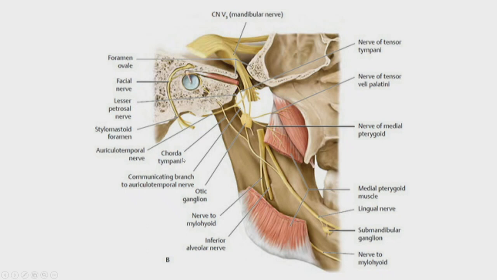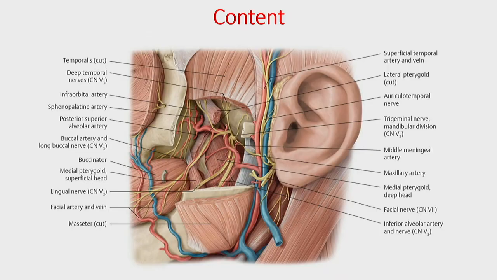So this is the auriculotemporal nerve. As you see, it's a branch of the mandibular nerve carrying the postganglionic fibers to the parotid gland, and here is the otic ganglion. The preganglionic fiber, as we said, is a branch of the tympanic nerve, a branch of the glossopharyngeal nerve.